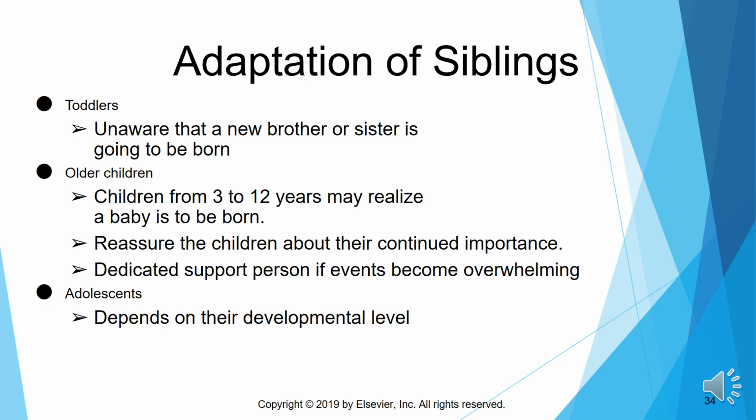So you might see a previously potty trained 3-year-old or 4-year-old that is now having some difficulties, wanting to be the baby again. So they may want to wear diapers, they might want to breastfeed, all of those kinds of things they see as attention seeking behaviors because they want to be the baby again.